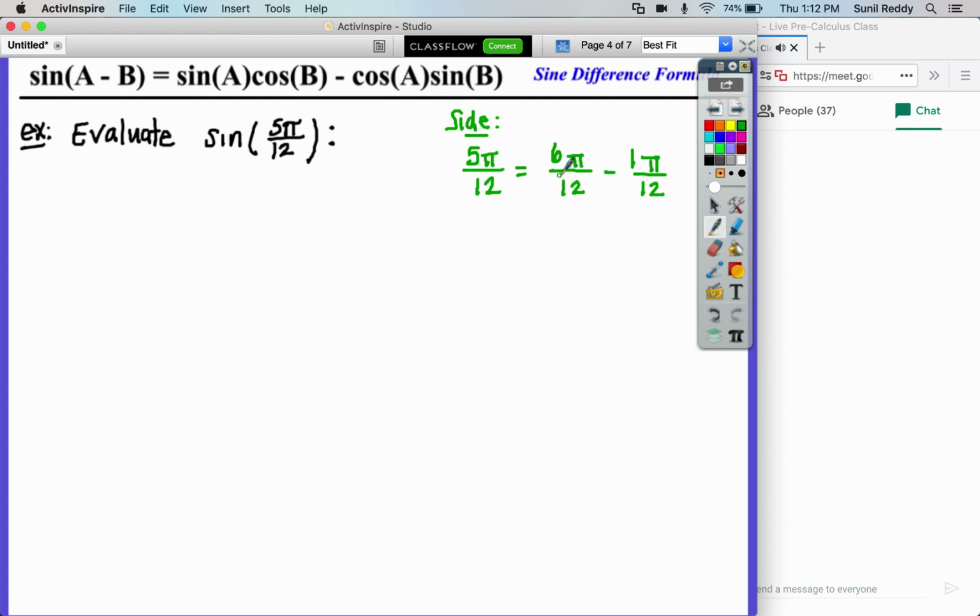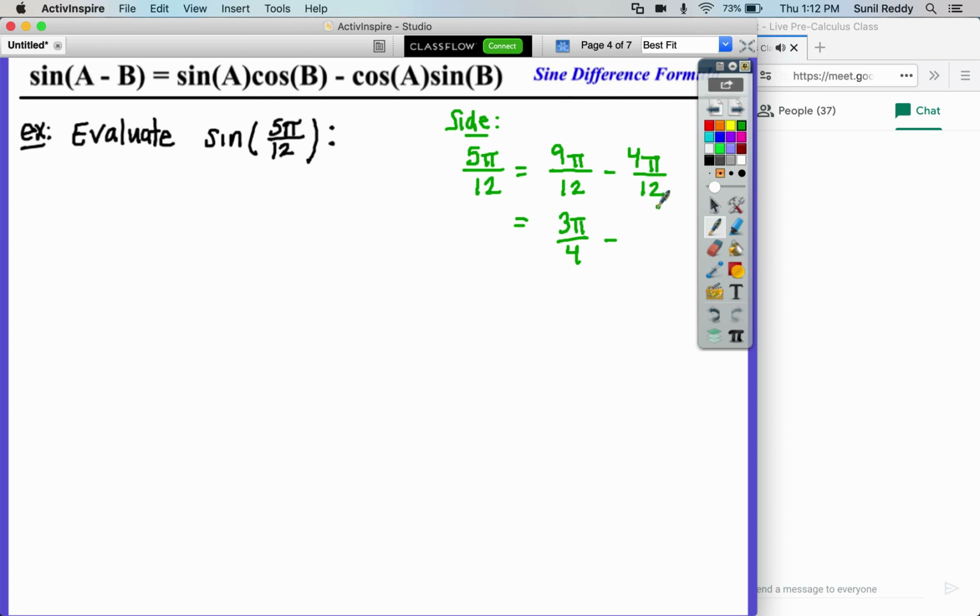So the combination of subtracting 6 and 1 pi over 12 to get my 5 pi over 12 is going to fail me. Instead, maybe I would do something like 9 pi over 12 minus 4 pi over 12. Both of those angles now reduce. 9 pi over 12, if I divide top and bottom by 3, becomes 3 pi over 4, which is one of our special angles.